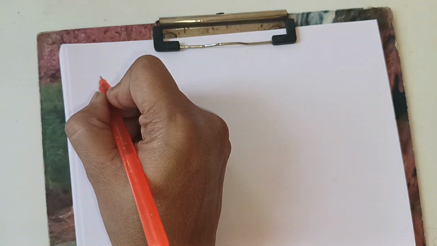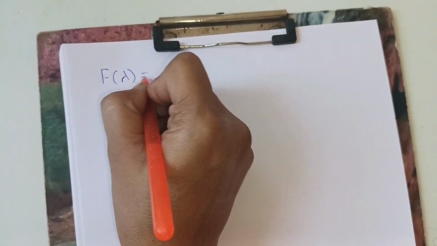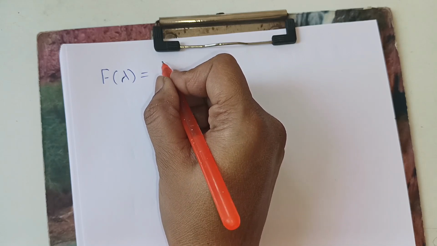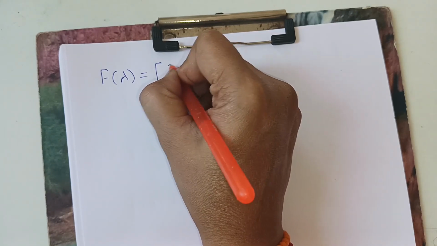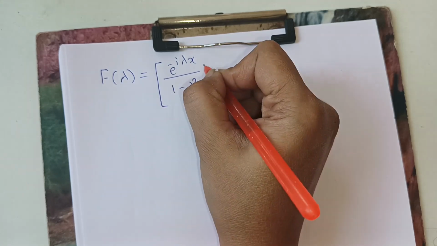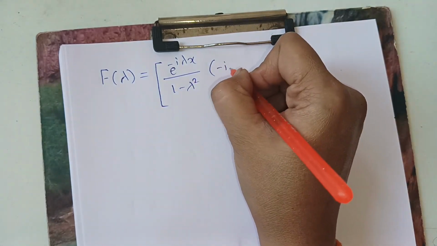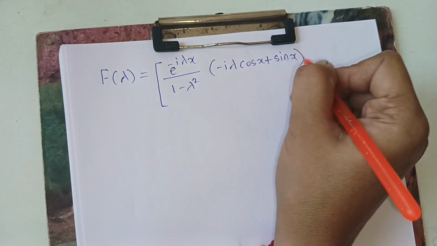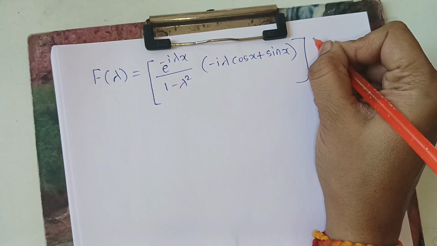So F of lambda is equal to e raised to minus i lambda x divided by 1 minus lambda squared into bracket minus i lambda cos x plus sin x, from 0 to pi.